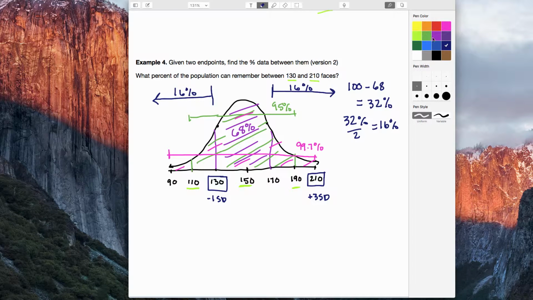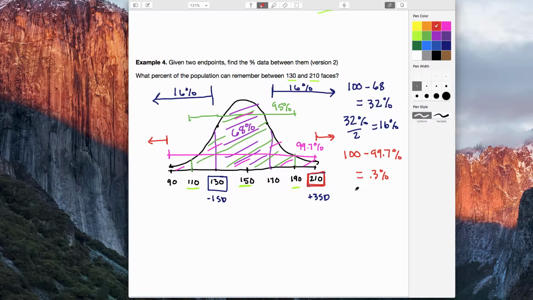Now let's do something similar, but this time with the 210. I'm going to put that in red right here. So 210, I'm looking at above 210. Go symmetrically down here, below 90. Take 100, subtract 99.7, and we're going to get 0.3%.